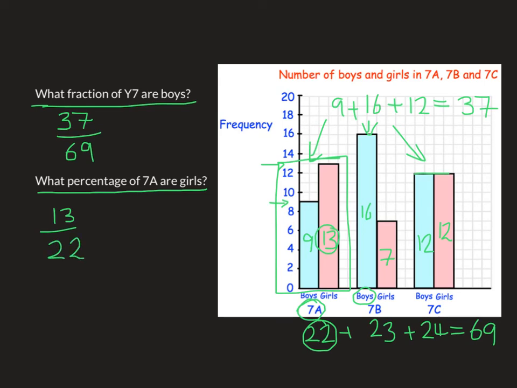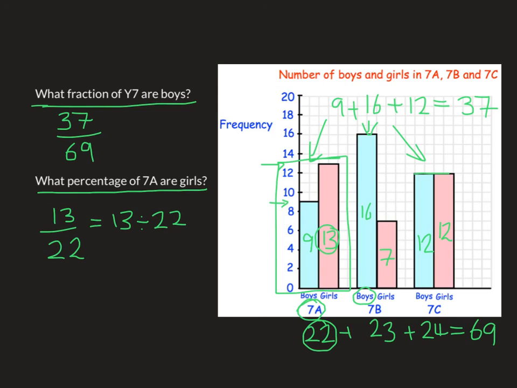If you remember how to calculate percentages, imagine you're working out your percentage for a test. 13 over 22 is the same as 13 divided by 22, and 13 divided by 22 is not going to be a particularly nice number, I'm afraid.